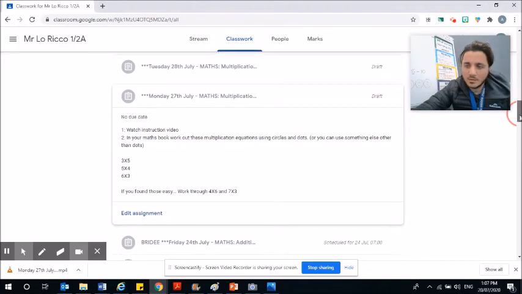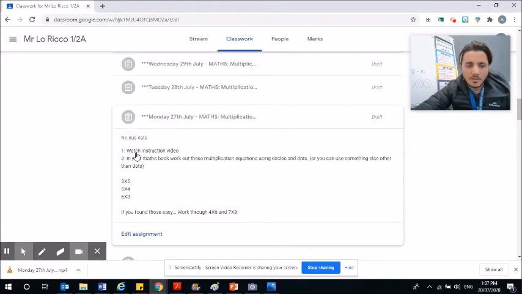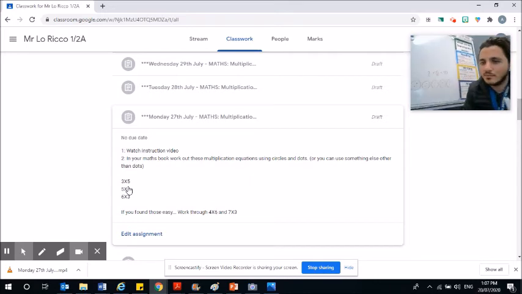Your task today: you're already watching the instruction video, but in your maths book, you need to work out the multiplication equations that are down here using circles and dots. Make sure that you write the heading. I like to write my heading in capitals: Multiplication. It's a big word.